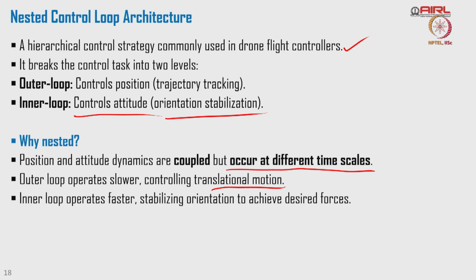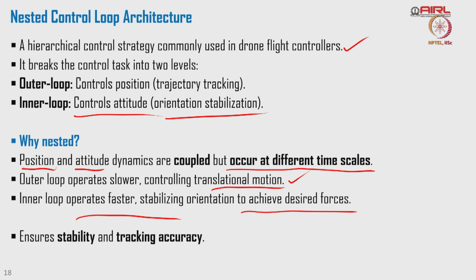But the inner loop operates faster, stabilizing orientation to achieve desired forces. So, though we are handling position and attitude dynamics in a coupled way, since they operate at different time scales, having the same control loop will not be sufficient to control both position and attitude for the drones. Okay. That is why the outer loop works slowly and handles the translational motion, and the inner loop, which operates faster, works on stabilizing the orientation.